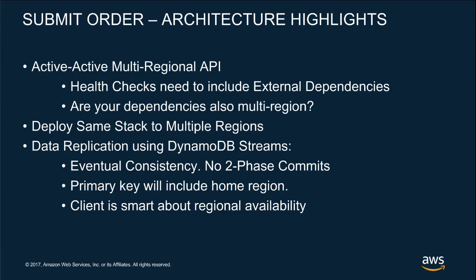And so to summarize the order service, we do have an active-active multi-region API where any region can accept orders for any customer. The trade-off we've decided to make is that once the order is created, it needs to be processed by that region. To address this and maintain a good user experience, we've decided to make the client a little bit smarter so that it can go and address directly the master region.